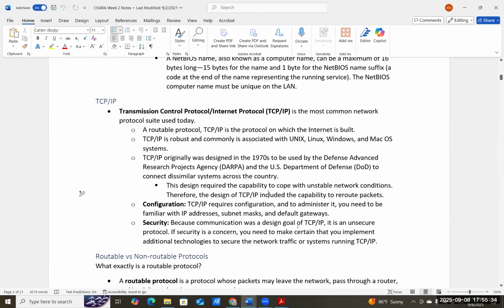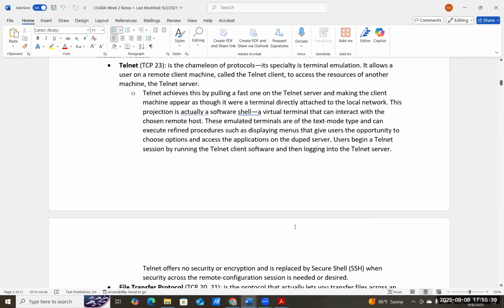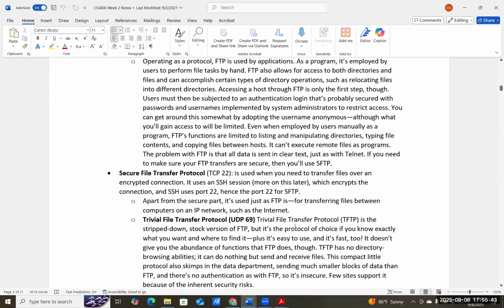So TCP information, non-routable, you can find that on page 2. And then all the protocols, most of the protocols we've gone through, right? SFTP uses port 22. Why I say also is because if you're familiar with SSH, which is secure shell, this is used to directly connect to the system, and that would be using port 22.